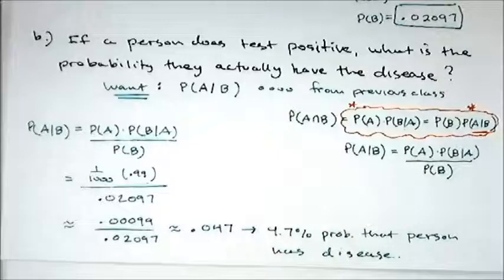Okay. And so just for practice here, let's continue with this problem, because you could tell that to your patient and they would say, thank you, doctor, that seems very low. Nevertheless, I'm still concerned, right? That's less than 5% chance I might have the disease, but I'm still concerned.